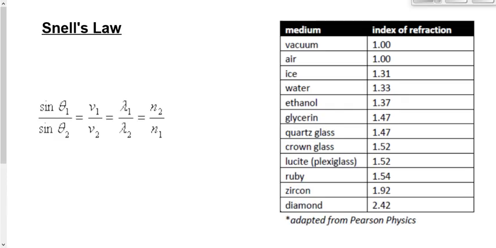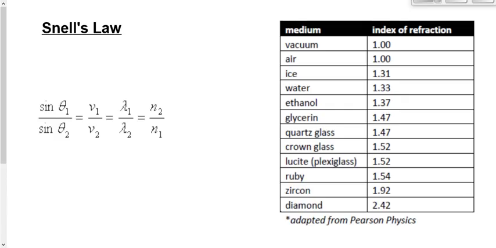All right. Snell's law. It's just a law that provides a relationship for us, in fact a number of relationships, between the angle, the speed in medium 1 versus medium 2, the wavelength, and then, of course, the index of refraction. Notice that theta 1 over theta 2, V1 over V2, lambda 1 over lambda 2, and N2 over N1.